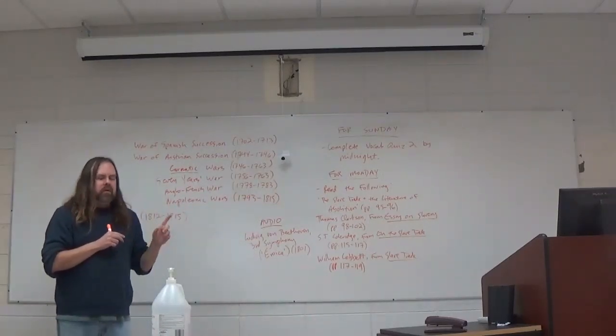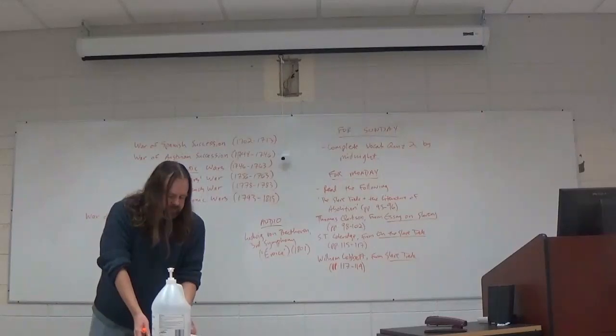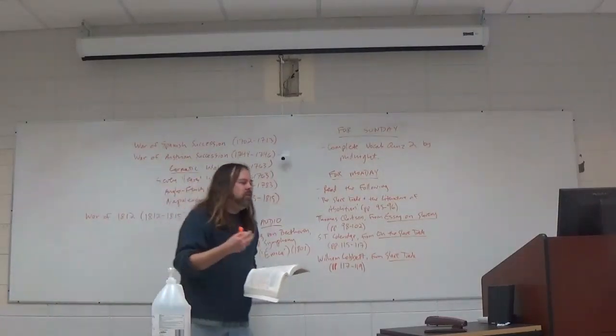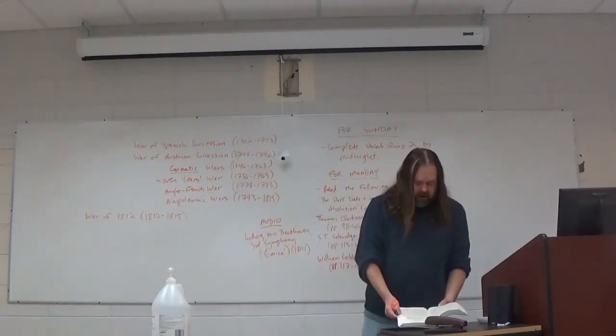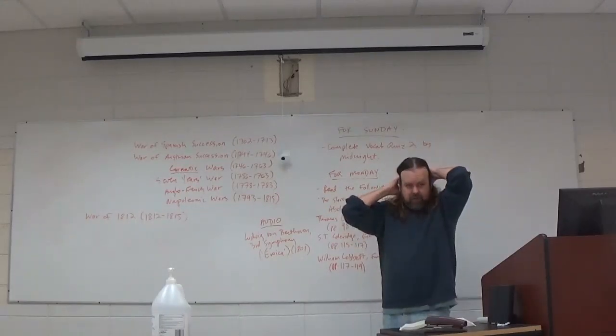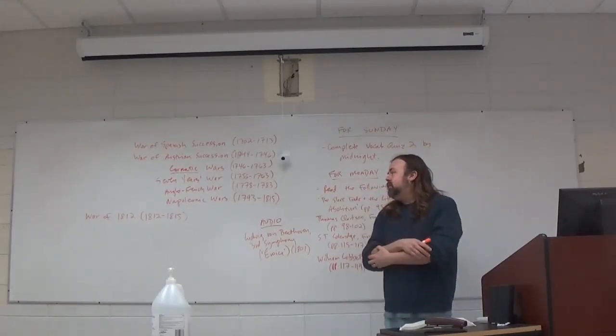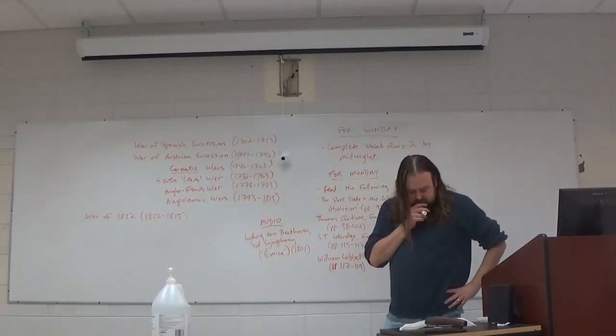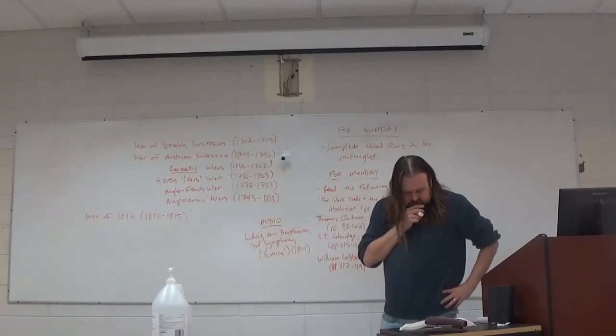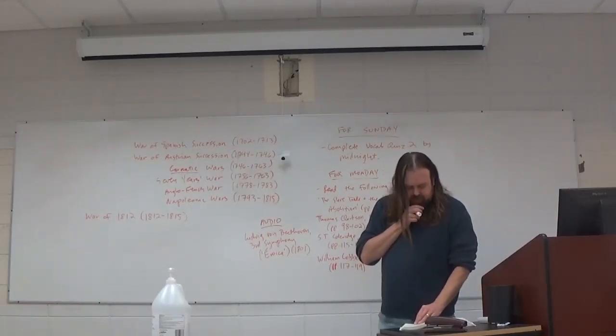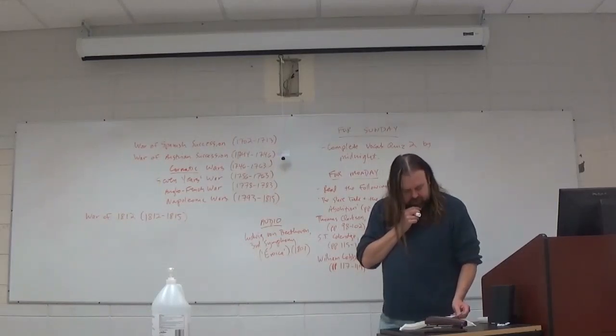But I think it is worth talking about in relation to the Discharged Soldier as well. So if you turn to page 745, we look at the beginning of the poem.